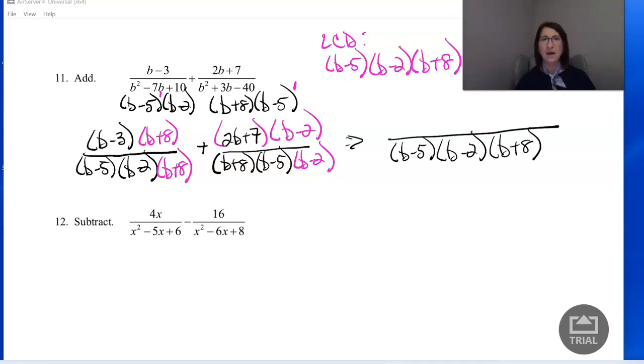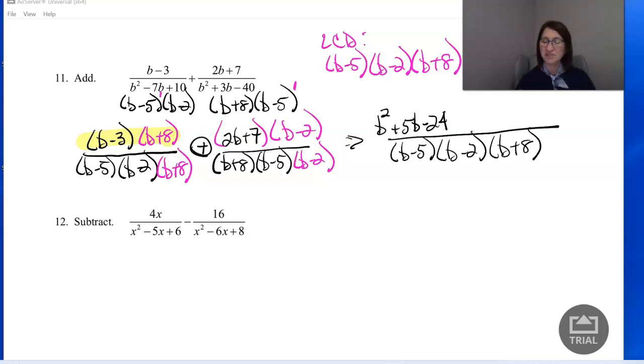All right, so for my numerator, I need to multiply over here on the left. When I multiply those out, I get b squared plus 5b minus 24.